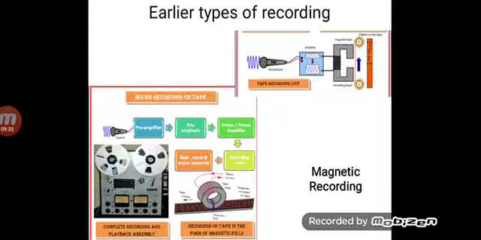Then a similar process happens for retrieving the recorded signal. The varying magnetic tape, that means the different tiny magnets, pass through an air gap of a solenoid kind of structure where a certain coil is placed. So d phi by dt takes place, because the recorded magnetic tape has tiny magnets which move through that air gap.